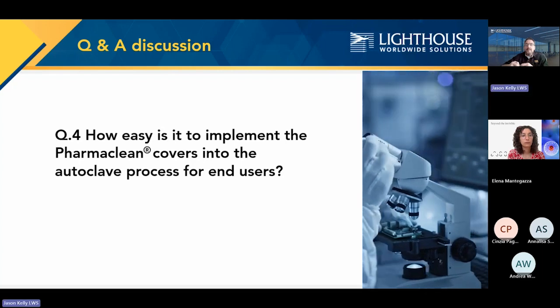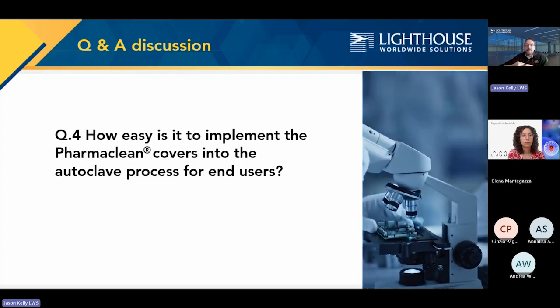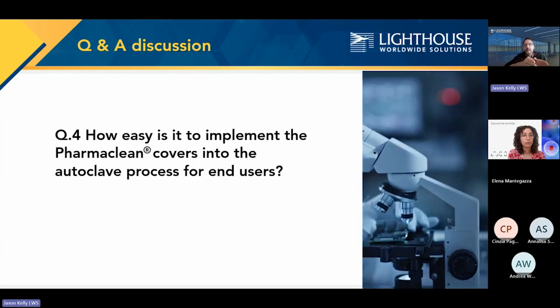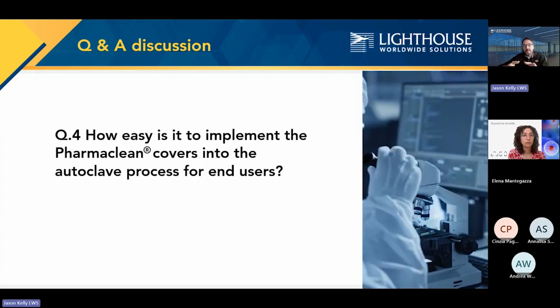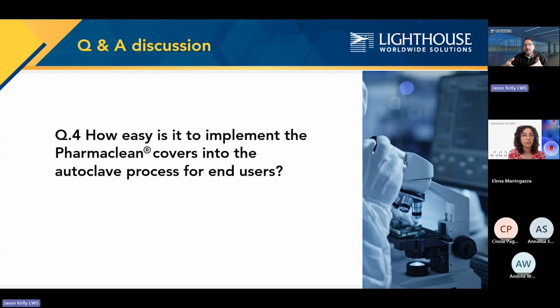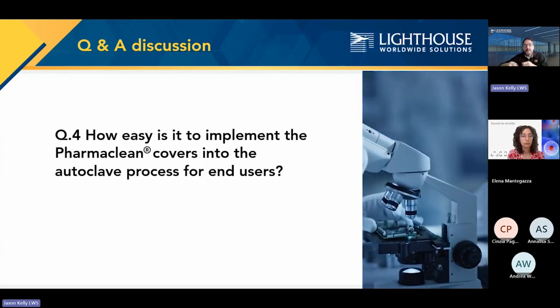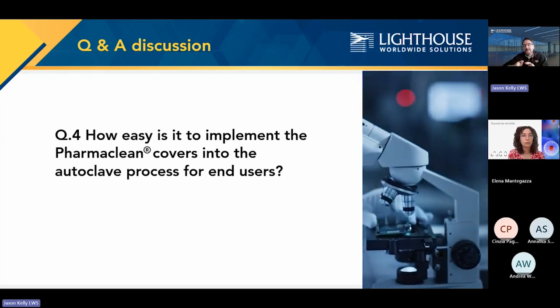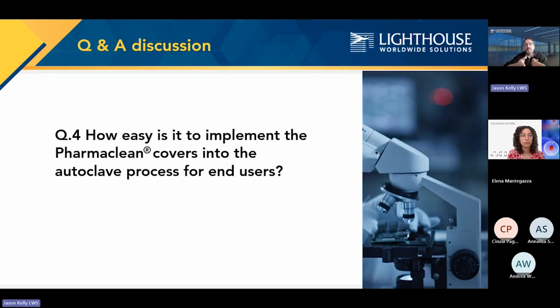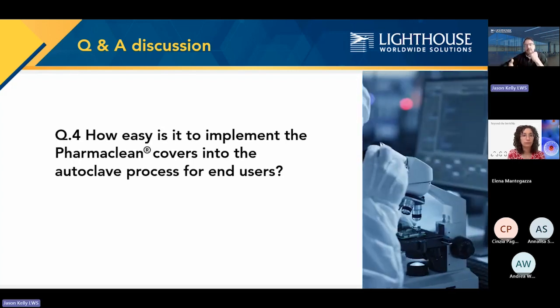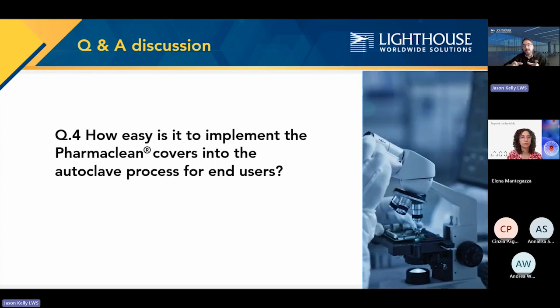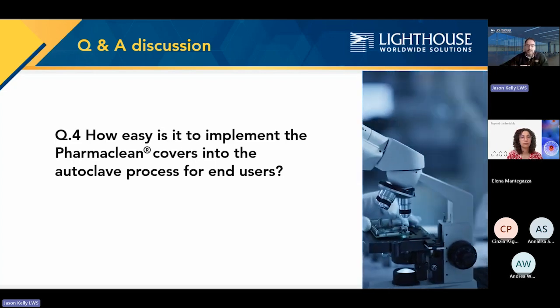I think one of the big advantages of implementing this product is that you're going to put the focus away from the cleaning process, more so because you've put these extra steps into eliminating the particular contamination at that stage, whereas the root cause analysis and the investigation could focus on other areas of the process first before looking at the Pharmaclean process, because we've basically added that extra assurance into the process.